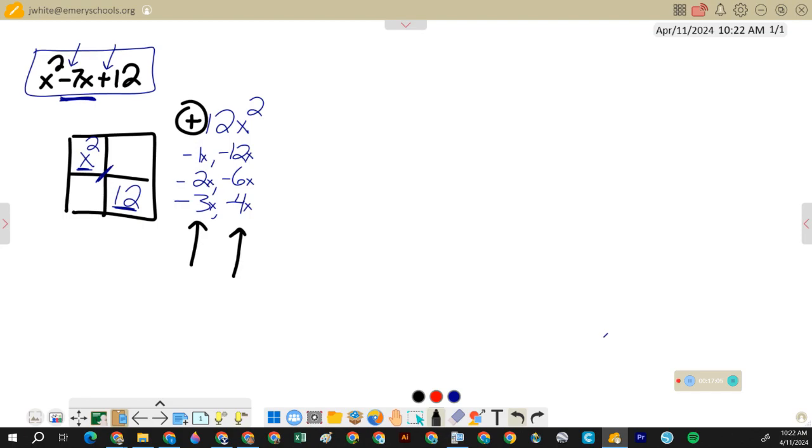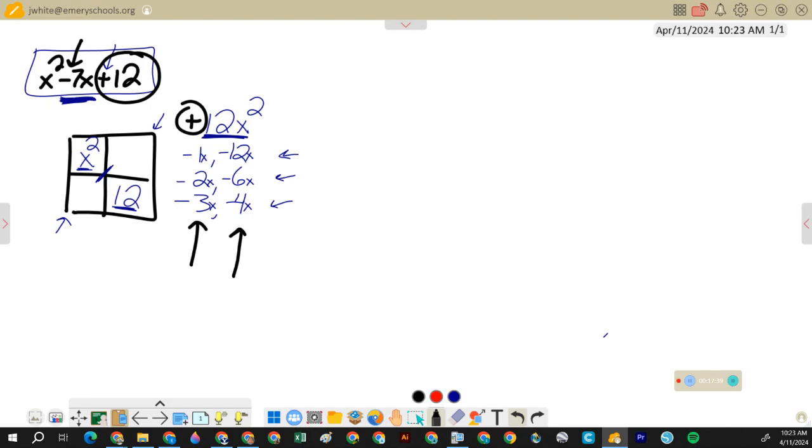All right, so how do I multiply two numbers and get a positive? They both have to be positive or they both have to be negative. So we need to figure out which one it is, and we look here to tell that they're both negative. Okay, so the numbers that go in these two boxes have to add to be negative 7 and multiply to be 12x squared. Is there a set that will work?